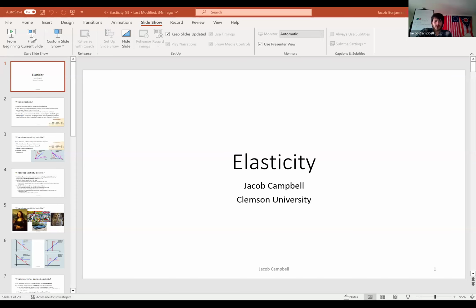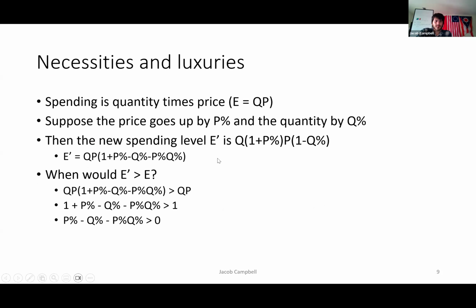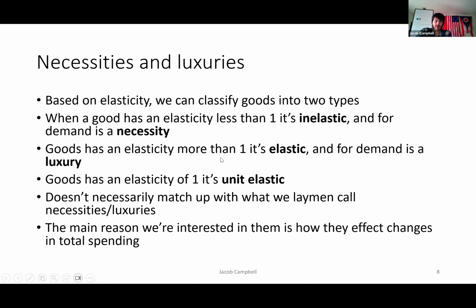That is to say, in order for the spending level to go up, the good has to be a necessity. And if you were to flip that inequality around, that would mean that it would have to be greater than 1. It would have to be a luxury for the spending level to actually go down instead.